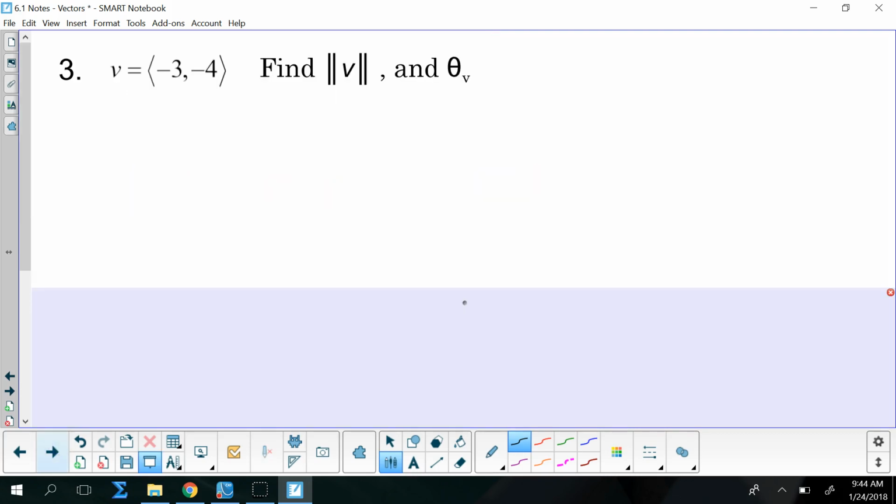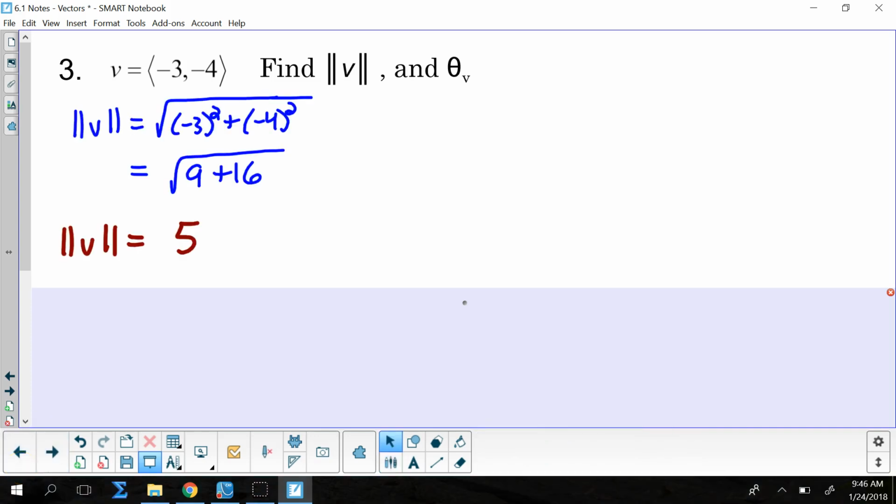Alright? So, let's find the magnitude and the direction of that vector. Go for it. I got the magnitude of v to be 5. Yes? Okay.